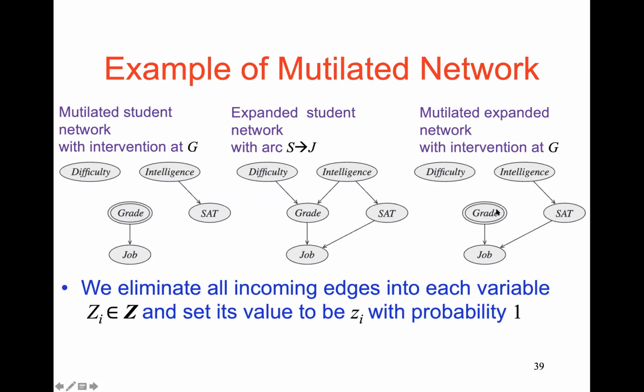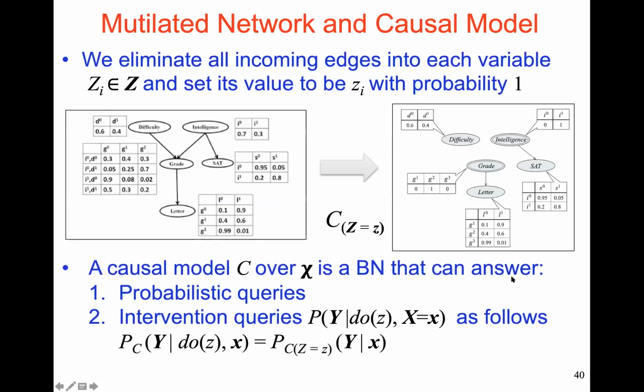So we are going to change the CPD here to only one value, with probability being 1, no longer whatever the CPDs were in the earlier network. We eliminate all incoming edges into each variable Zi belonging to Z. That's where we are doing the mutilation, or the intervention, and set its value to zi with probability 1. So this is an example of a mutilated network.